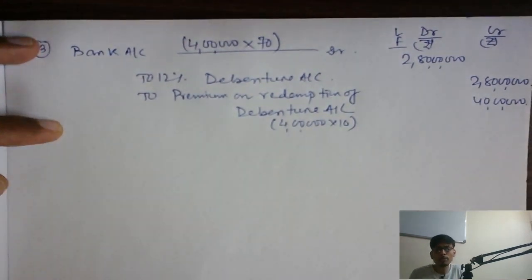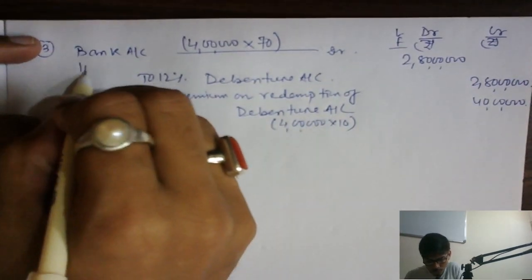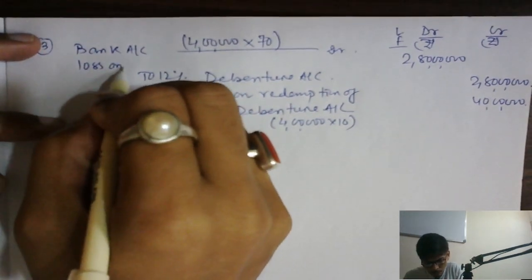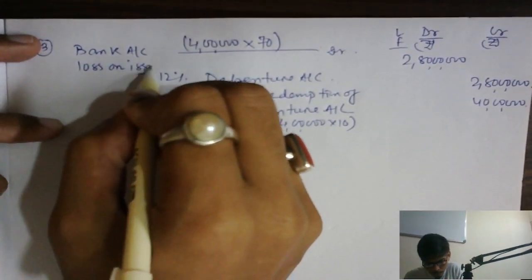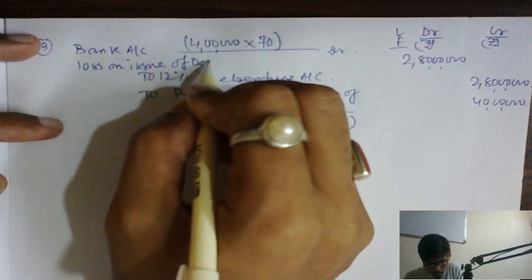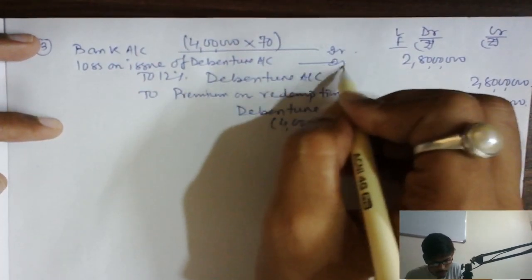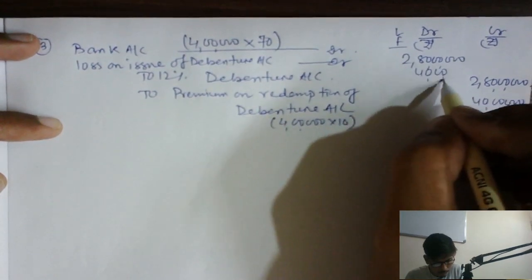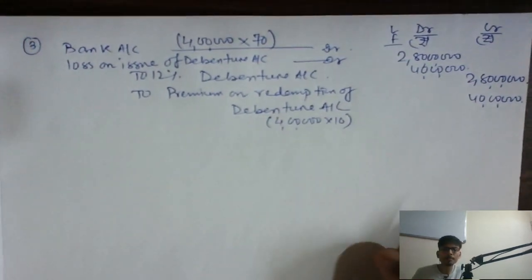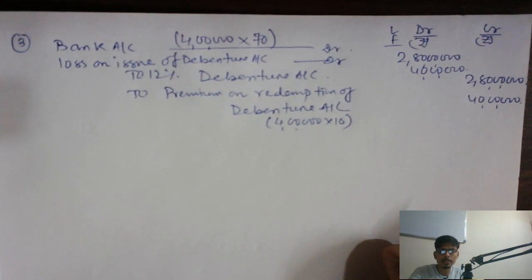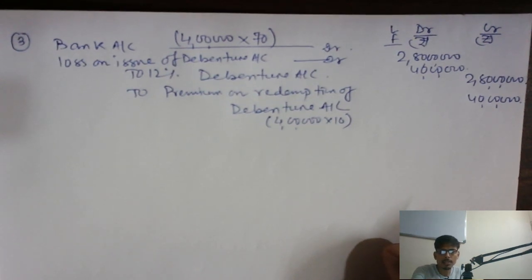And the loss you incurred at the time of issue, regarding the premium payable in future, is loss on issue of debenture account debit, 40 lakh. Completed, sir. We have specifically adjusted everything here. It's quite easy and done.